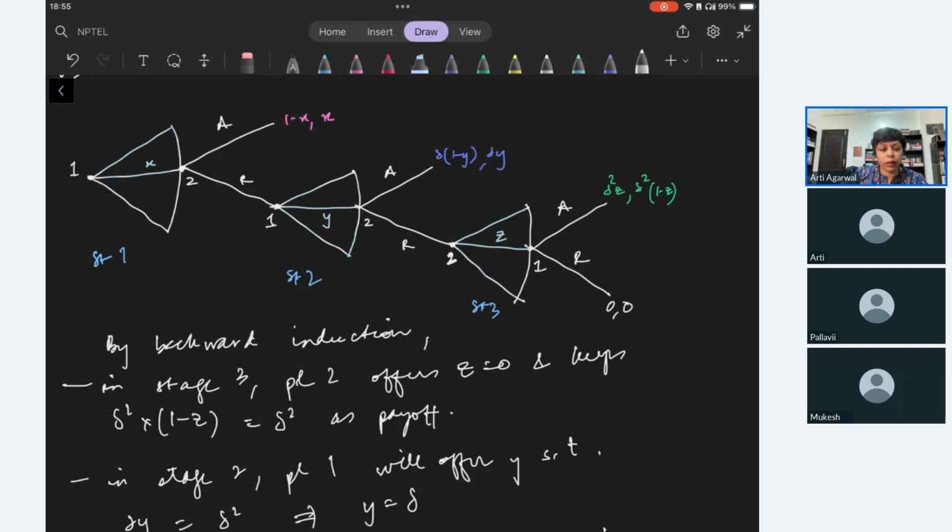Then I think the answer would be different. I think in those cases, the answer is something like delta into 1 minus delta or something. I've not memorized it, but offhand, I think that is the answer. In this case, because it's not alternating like that, the answer comes out to be delta square. Is that what you were asking?